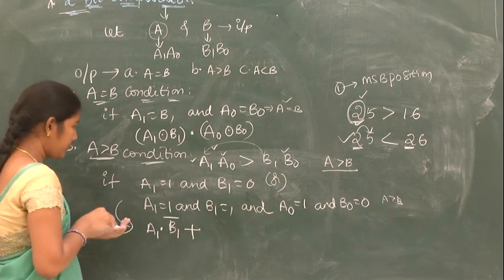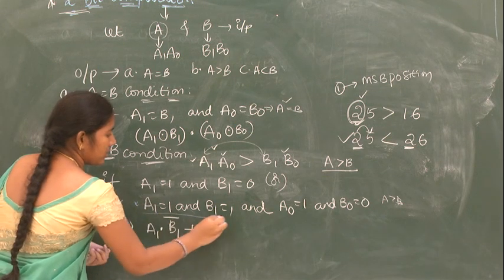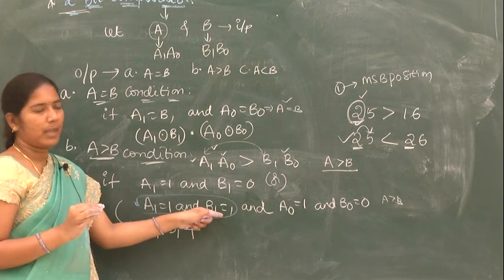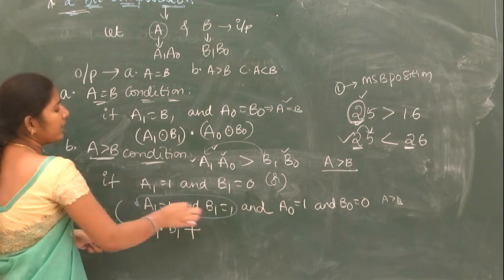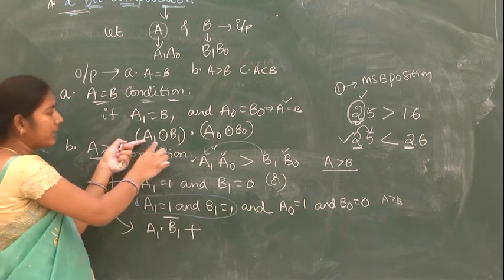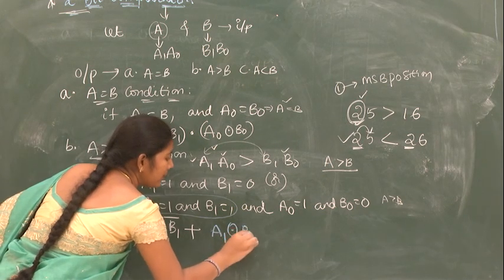Now you just see this one, which is what? A1 equal to 1 and B1 equal to 1. As I already told you, if both are equal, directly we can represent that function with exclusive NOR. So I can write A1 exclusive NOR with B1.